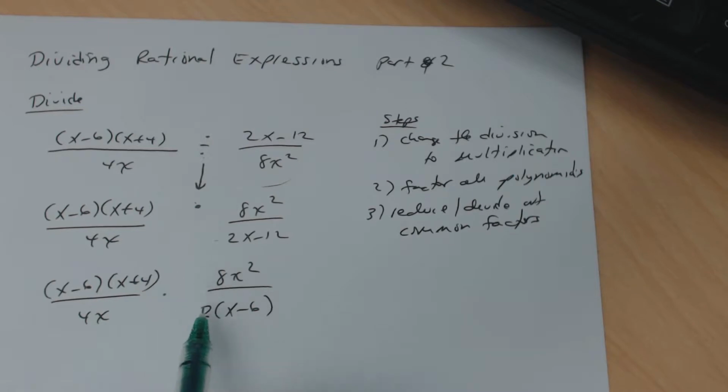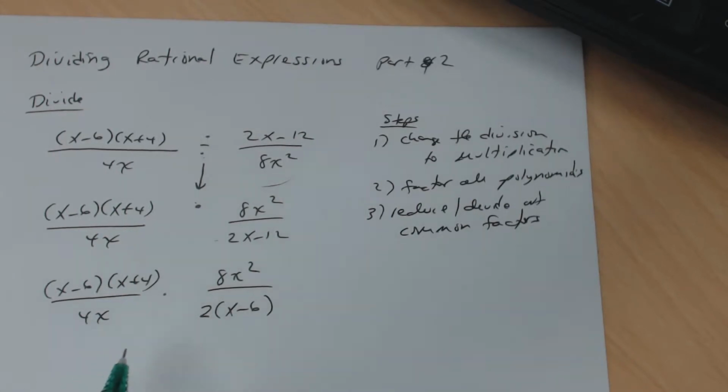Remember, if you're going to simplify a factor in the numerator of the first fraction by a factor in the denominator of the second fraction, the symbol has to be multiplication. If it's division, you cannot do that. We talked about that in a previous lesson.